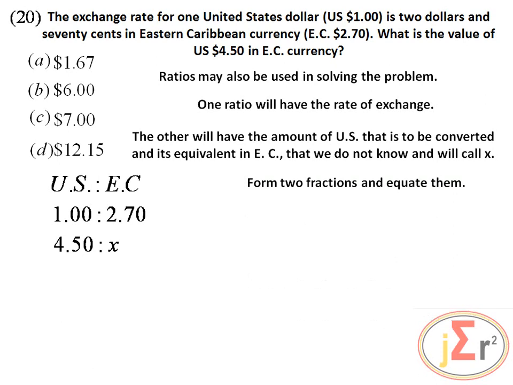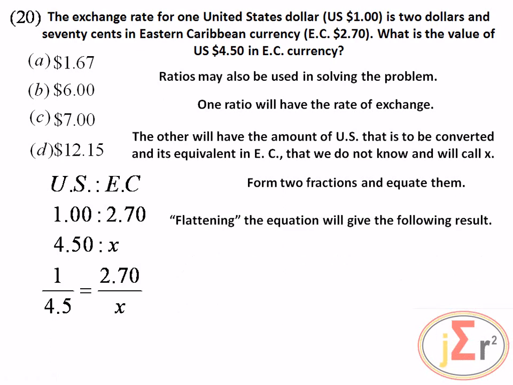Form two fractions and equate them. So we have 1 over 4.5 and 2.7 over X. Then we will eliminate the denominators by multiplying by 4.5x, or we may flatten the equation. Flattening the equation will give the following result.